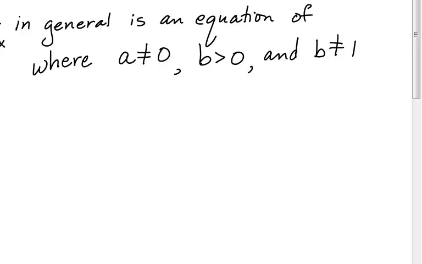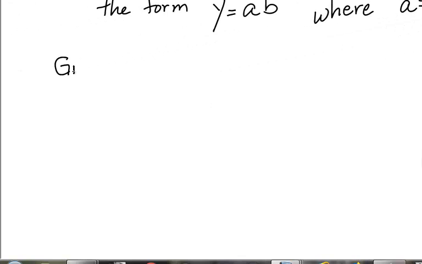So, for example, if they say to graph the exponential function y equals 2 to the x power. On your calculator, go to the y equals and put in 2, and then use the caret, the up arrow, and use the X,T,theta,n key.